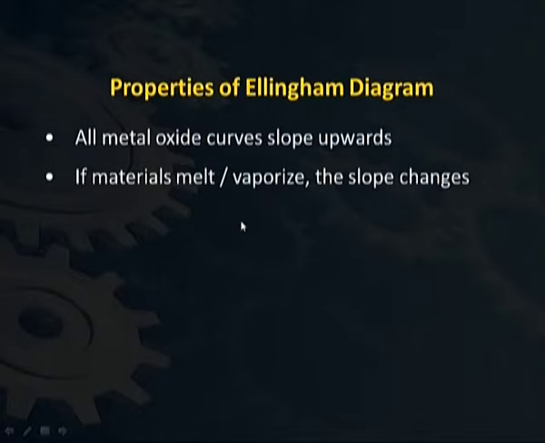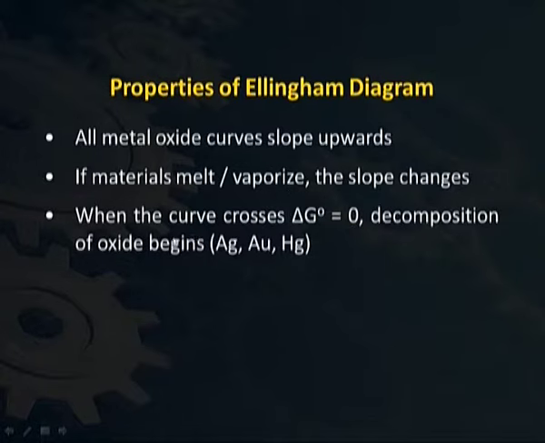So, what have we seen from these Ellingham diagrams? We see that all metal oxide curves slope upwards. If a material melts or vaporizes, then we have a slope change. We also saw that for the curve which crosses delta G naught at 0, above this delta G naught is equal to 0, and the material can automatically decompose into the pure metal.